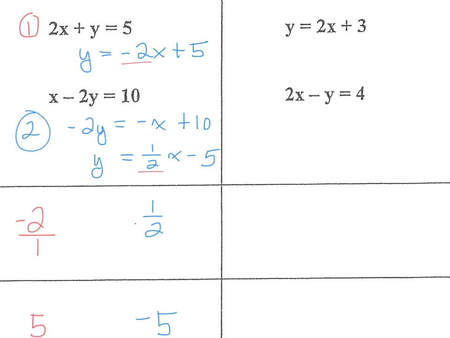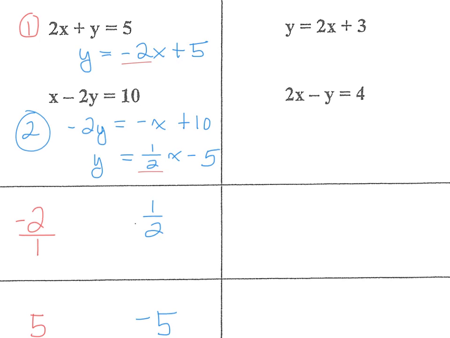Therefore, there has to be one point of intersection, no more, no less, because the lines aren't parallel, they'll cross each other at some point. If it was plus 5 and plus 5, they would cross at plus 5. In this case, they're plus 5 and negative 5, so the point of intersection is somewhere else. So just by looking at the slope and the y-intercept, you can tell how many solutions there are to the system.